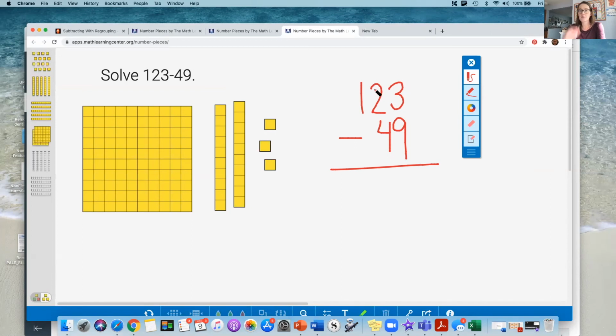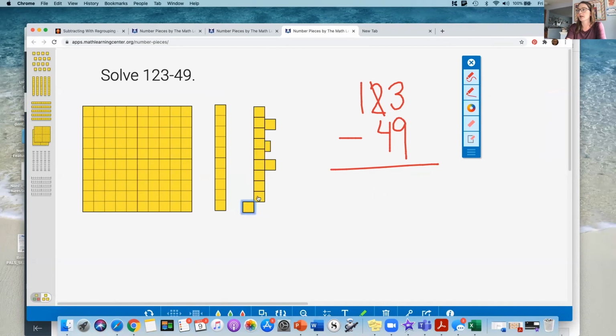So by now I'm starting to realize I'm going to go to the next place value and I'm going to, we call it borrow. I'm going to borrow one of these tens or regroup. Sometimes we use either word. So I know I'm going to break apart one of these tens. Let's do that right now.